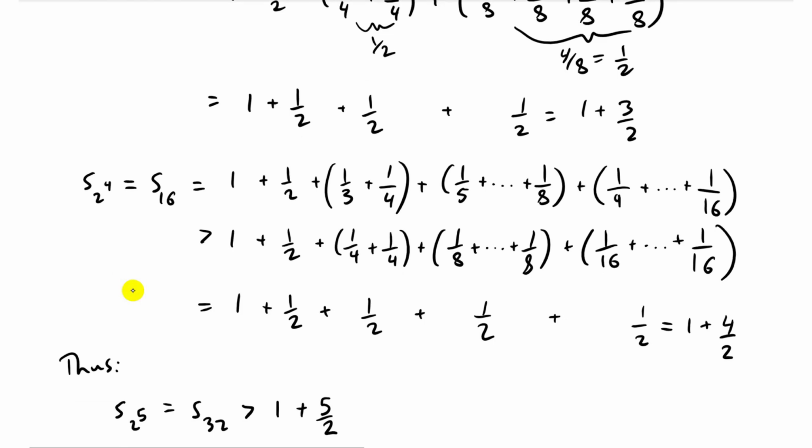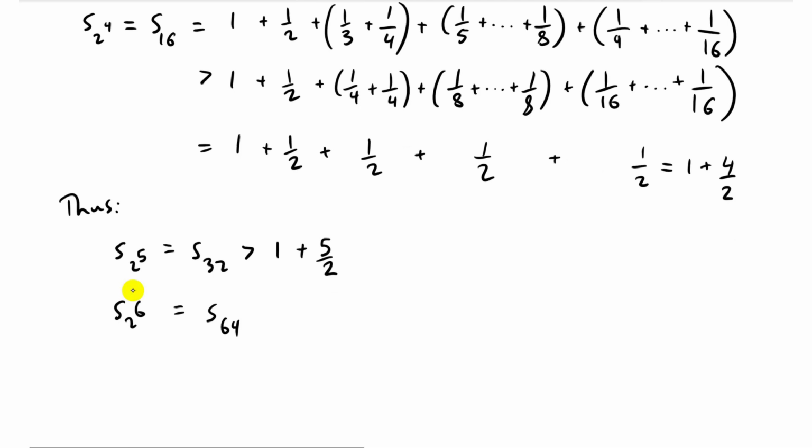Because notice the sum is greater than when you simplified by making these halves. So in other words, this one's going to be greater than 1 plus n over 2. I mean, 1 plus 6 over 2. Because you notice here there's a 5 there, there's a 6 there.